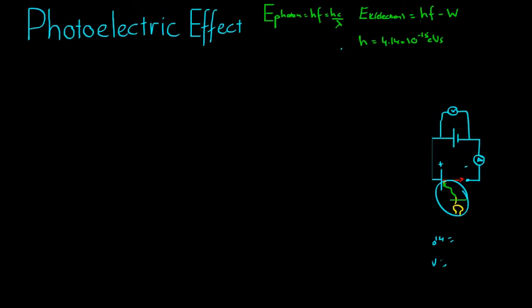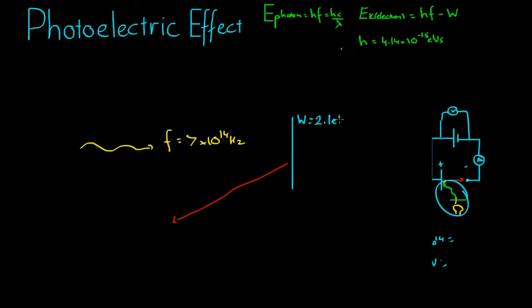Say I shone a light, so a photon with a frequency of 7 times 10 to the 14 hertz upon a metal surface, and an electron is ejected. We also know the work function of this metal surface is equal to 2.1 electron volts. Let's figure out the speed of this electron down here.